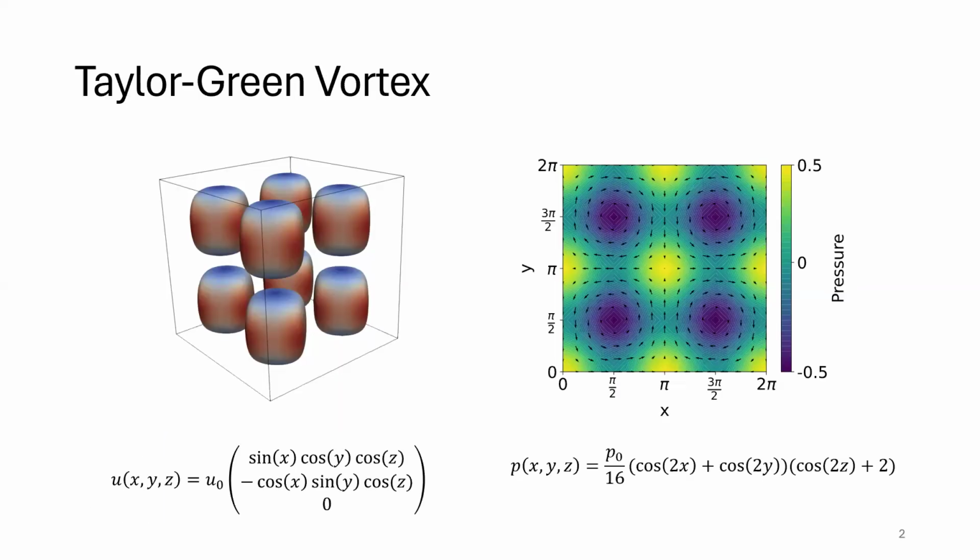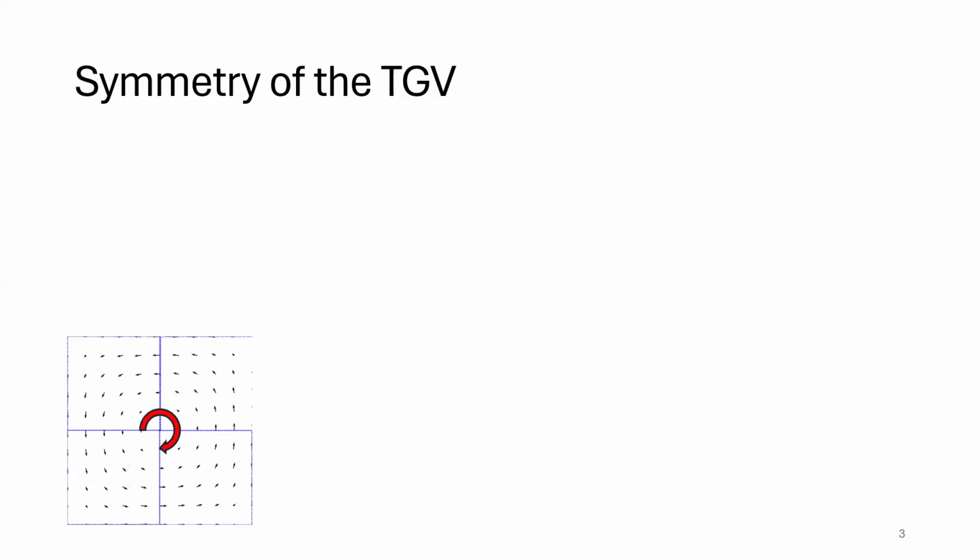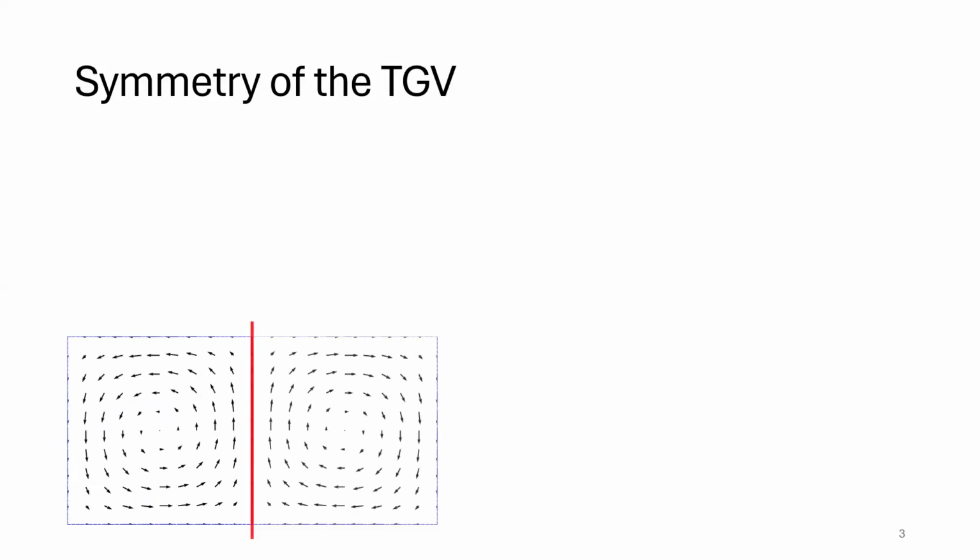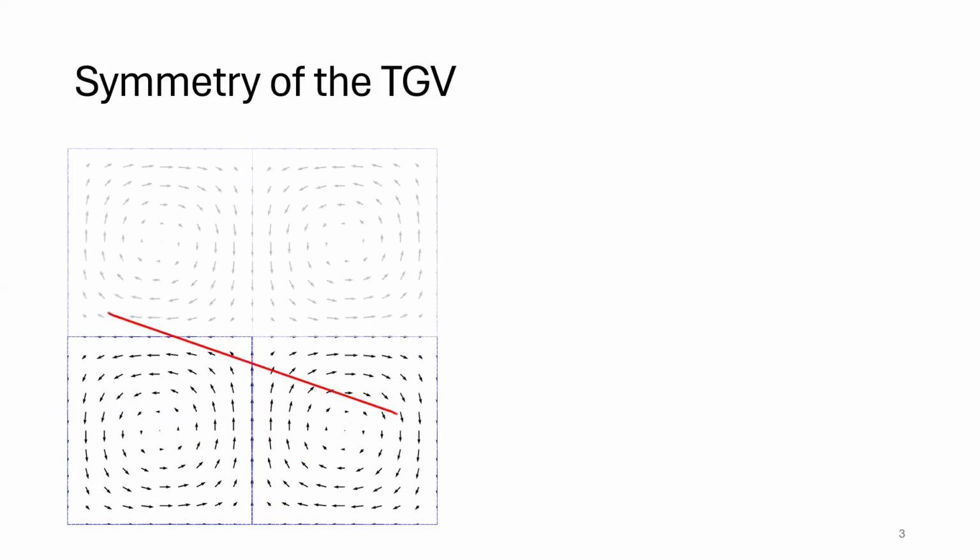So we're just going to take, as you may have seen, this little part. As an example, we are going to illustrate the symmetry of the Taylor-Green vortex in 2 dimensions. We're going to take this quarter of a vortex, and we can rotate it in 90-degree steps and create the first vortex. After that, we can mirror it on the first axis and the second axis.